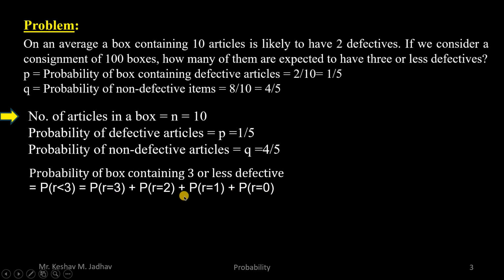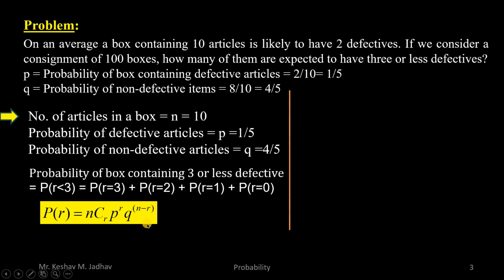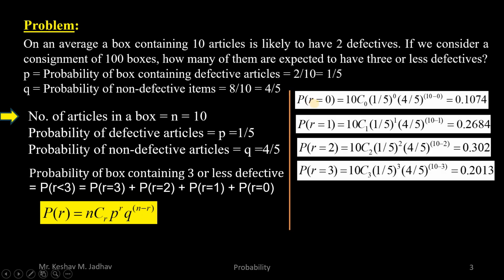Here we can add these probabilities. We use the binomial distribution formula P(r) is equal to nCr p^r q^(n-r). First we calculate the probability of 0 defects, that is r is equal to 0.